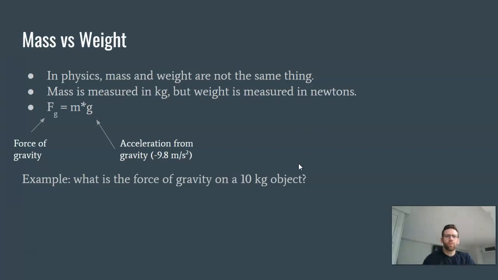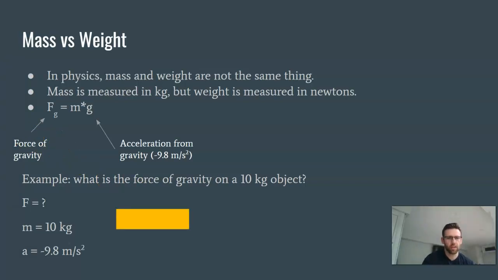So for example, what is the force of gravity on a 10 kilogram object? Well, we don't know the force, that's what the question's asking. We know that the mass is 10 kilograms, and the acceleration, which isn't given to us in the problem, but we can always assume is negative 9.8 meters per second squared. Whenever we're talking about the force of gravity, that's the number we want to assume.